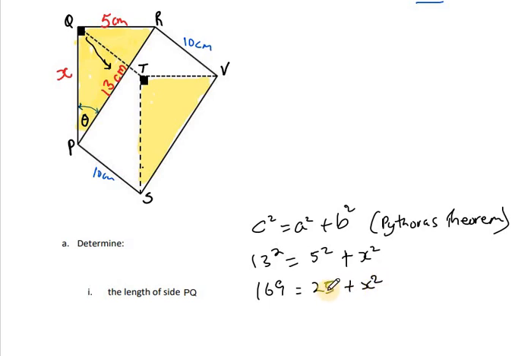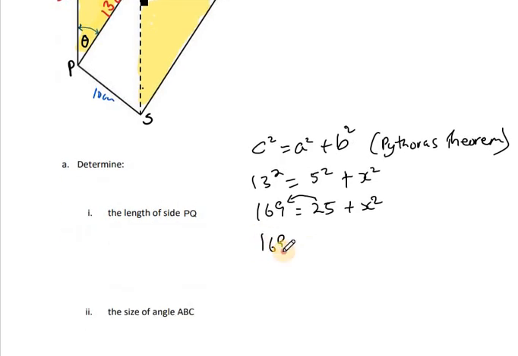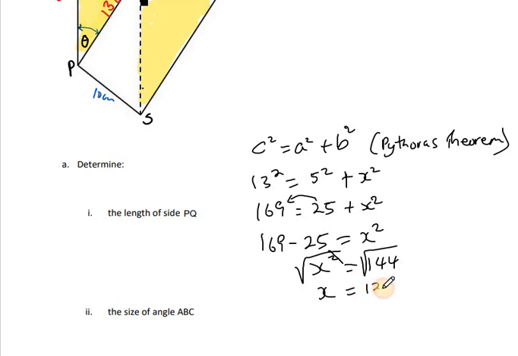To find X, we need to transpose the 25 first of all. That's going to give us 169 minus 25 equals X squared. So we have X squared, and working out this side will give us 144. Finding X, we basically square root both sides, and that will give us X equals 12. So that's 12 centimeters.